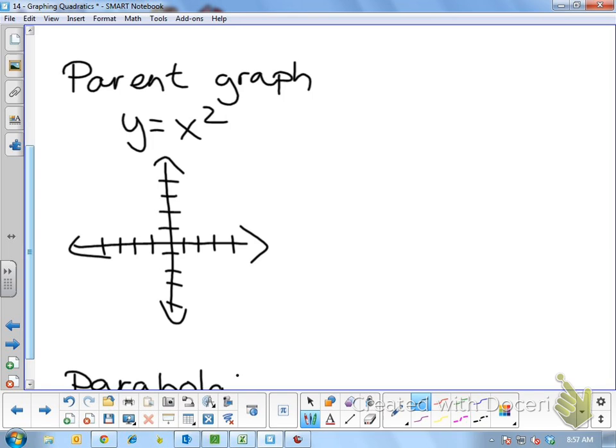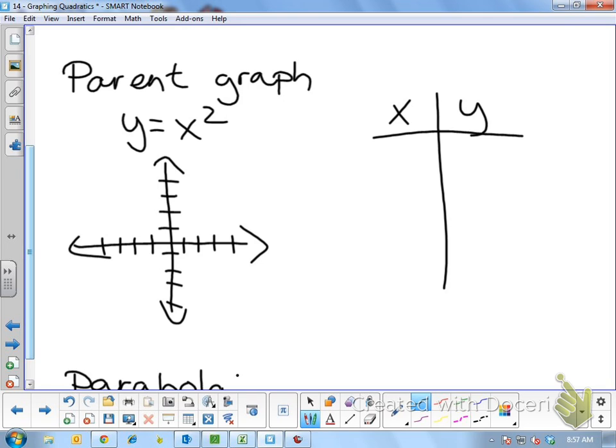So, parent graph. Right now we have no idea what this looks like. The best way to figure out the picture of a graph is to make a table. So we're going to make a table and see if we can get what the quadratic looks like.